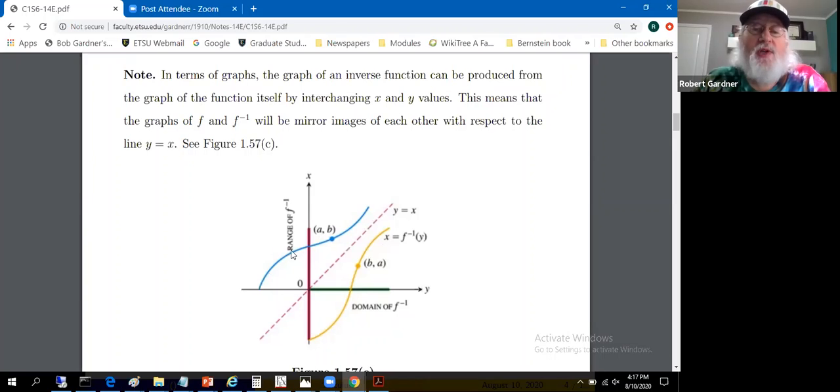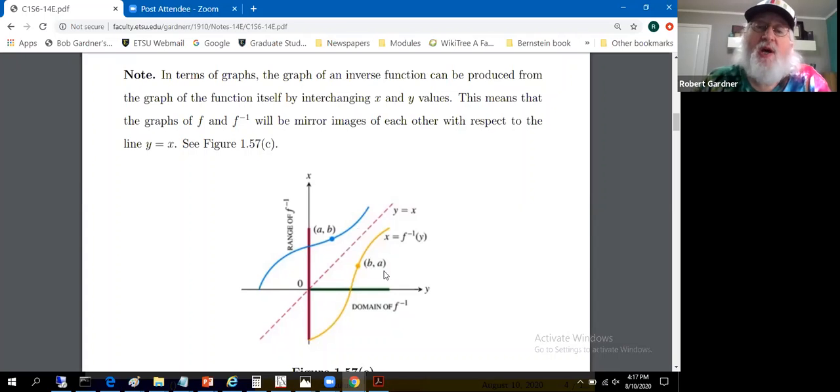If we were to draw a horizontal line through this point AB, what would happen to that line if you interchange the x's and the y's, if you folded it about this line y equals x? Try to visualize the following. A horizontal line drawn through this point AB would fold over and become a vertical line passing through this point BA.